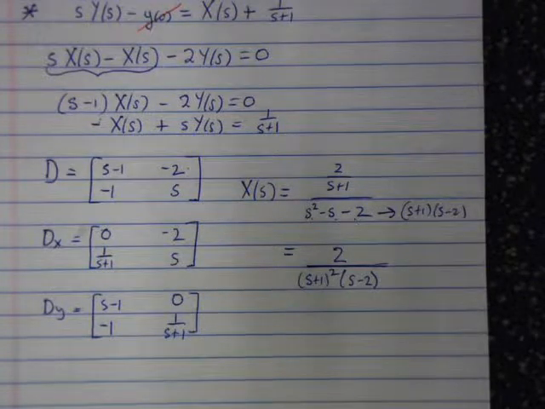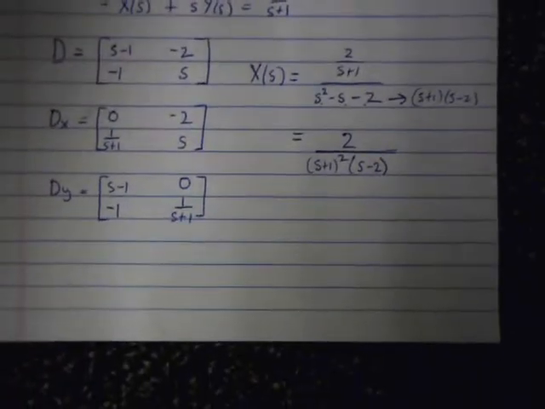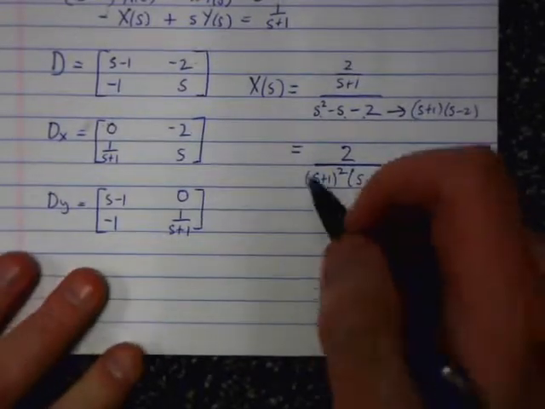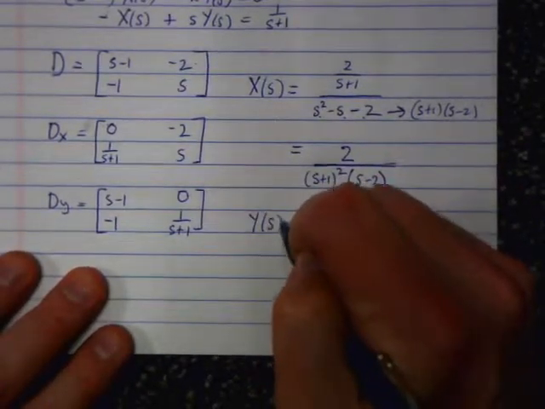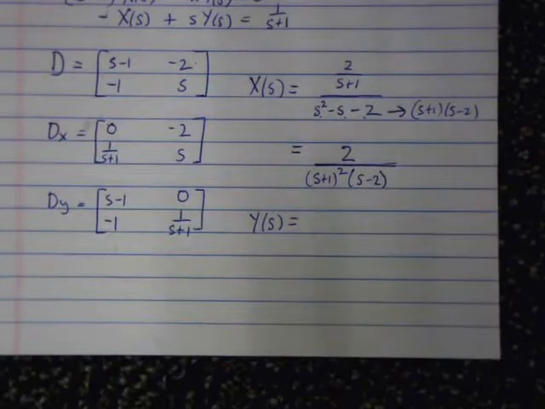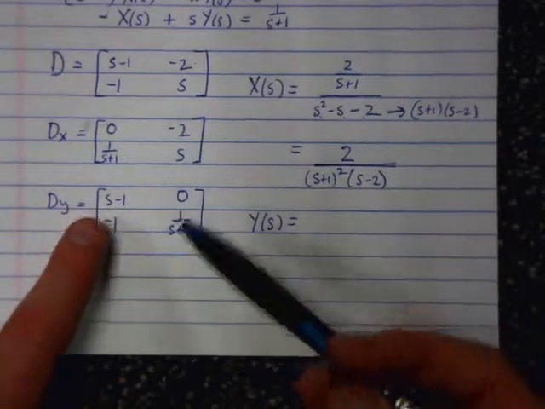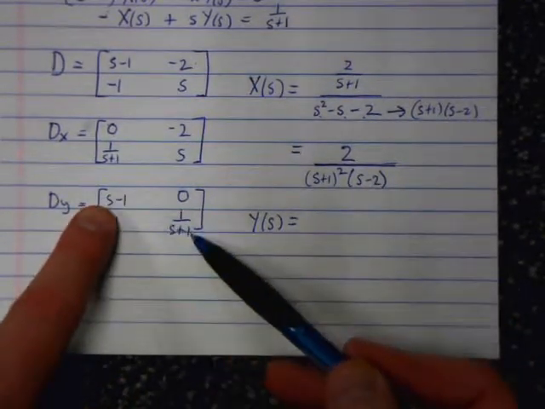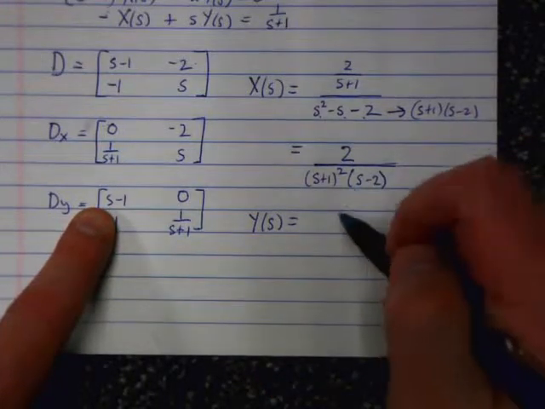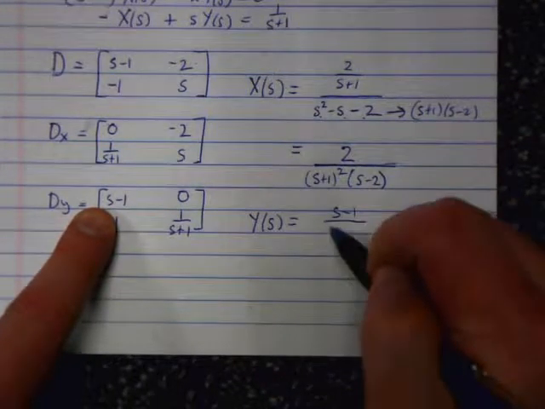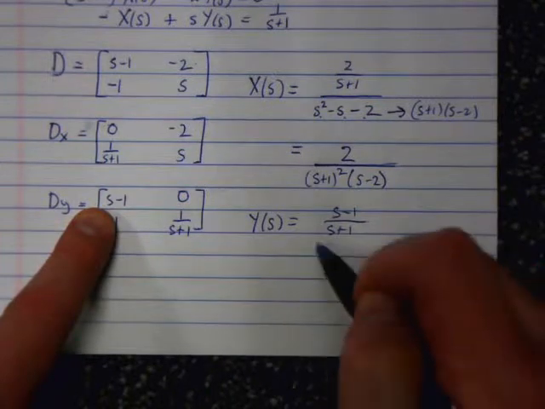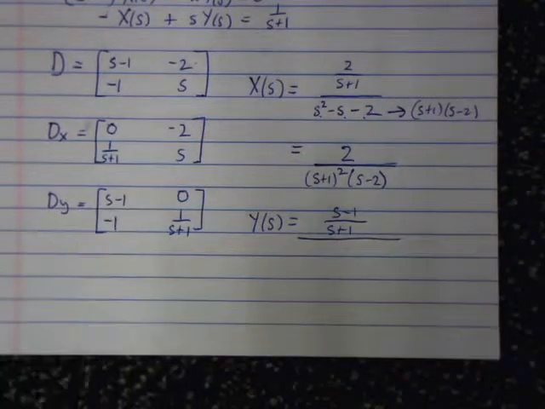All right, let's do the same thing for the big Y. We'll get the big Y all by itself too. So big Y is the determinant of the dy matrix. So I multiply this way. That's s minus 1 over s plus 1. And then I divide by the determinant of the D matrix.